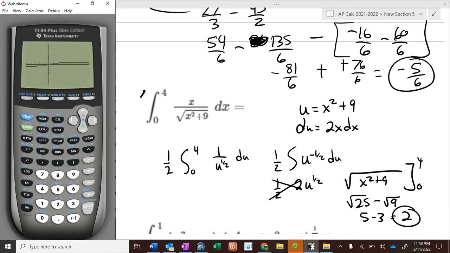And then you go second, trace 7, from 0 to 4. It shades it in and you get 2.